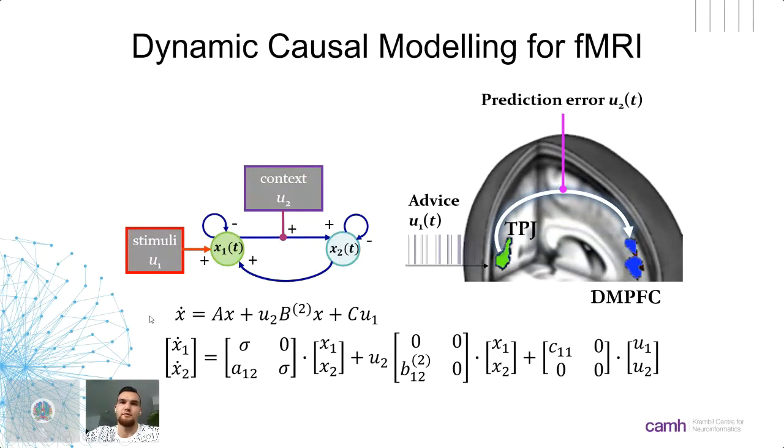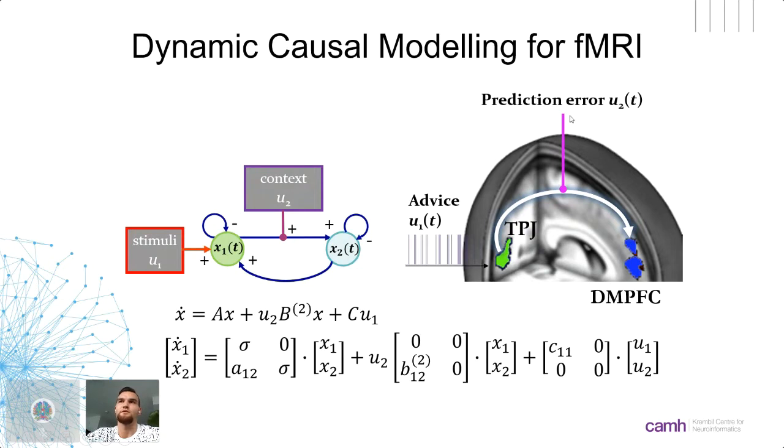And in matrix notation, this is how it looks. Again, that's the equation you saw earlier for describing the dynamics, or the neural activity, of these different nodes. Here we specify different parameters that we're interested in.